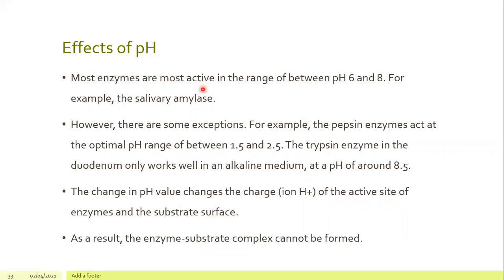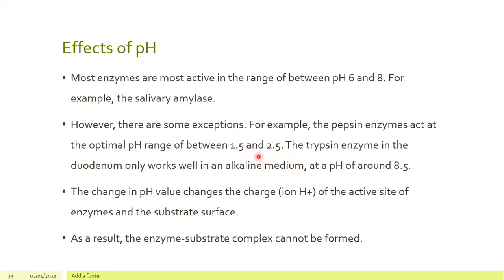However, there are some exceptions for the pH of the enzymes in our body. For example, pepsin. You can find this in our stomach to digest protein. Because pepsin is found in the stomach, which is a more acidic environment, the optimal pH for pepsin is around 1.5 to 2.5.